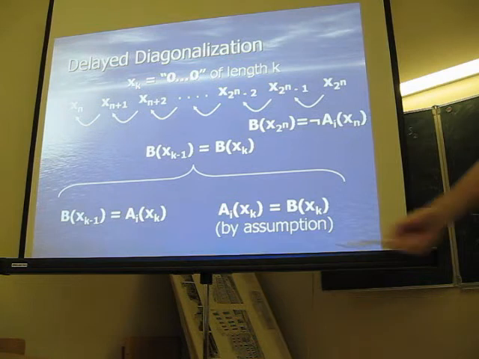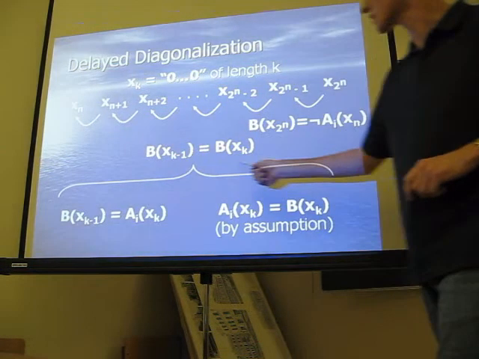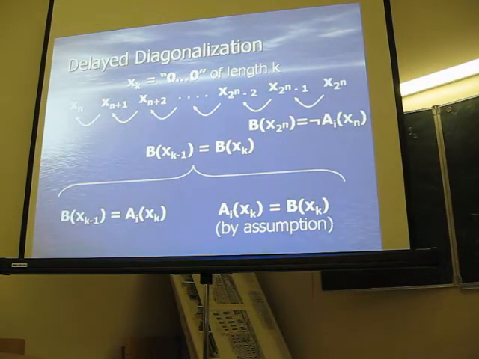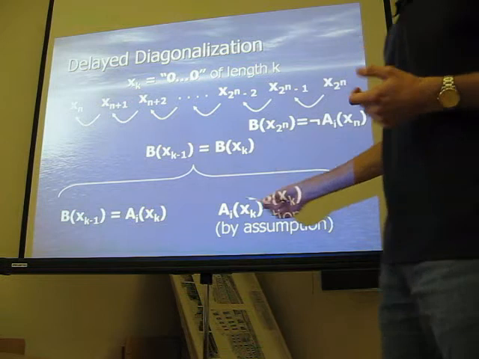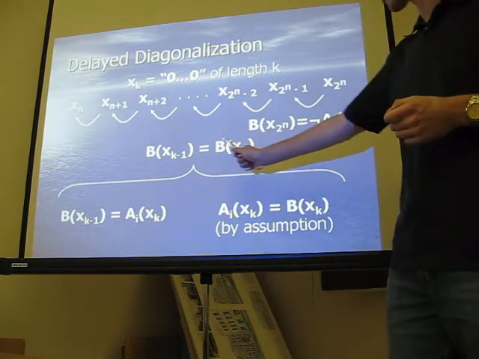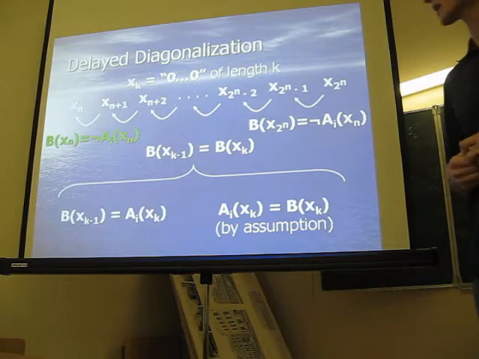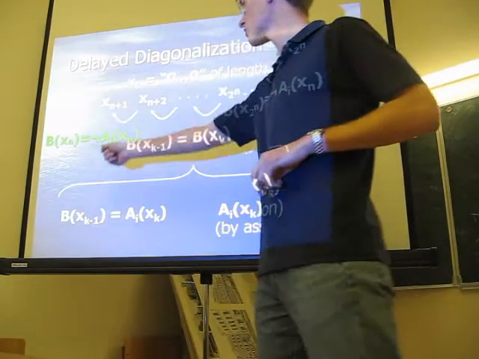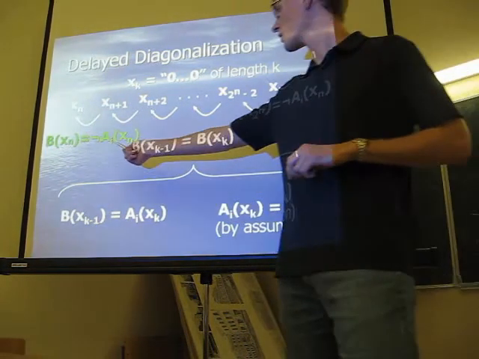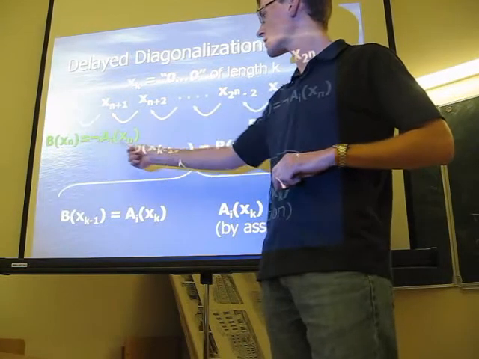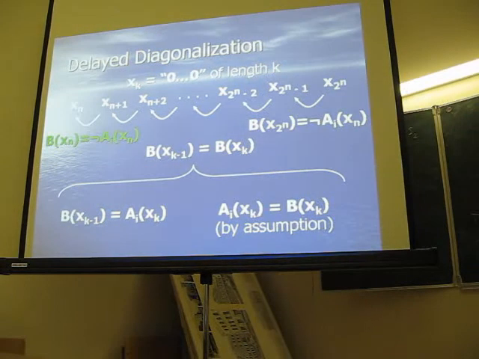Together these two equations give us that B on input x_{k-1} outputs the same answer as it does on input x_k. And from this, we get that B on input x_n, the shortest input, outputs an answer that is opposite to the answer given by A_i on the same input. This obviously means that B disagrees with A_i, and we have a time hierarchy theorem.